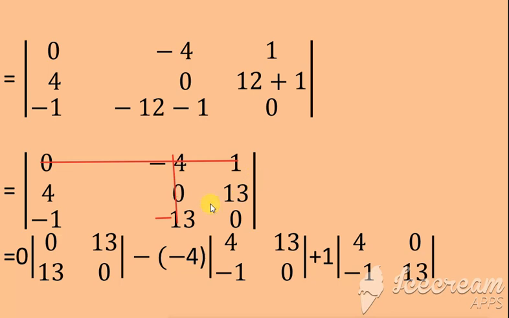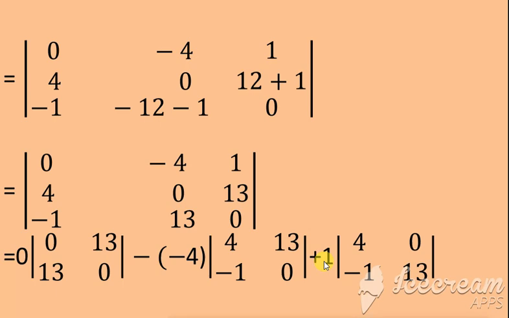The next one 1, the sign is positive, corresponding column and row neglected, the remaining terms 4, 0, -1, -13. So expanding this: 0 into 0 minus 13 into 13 is -169. Minus into minus plus 4, 4 into 0 minus -1 into 13 is 13, so plus 13.